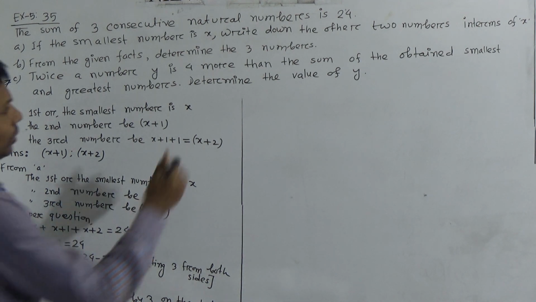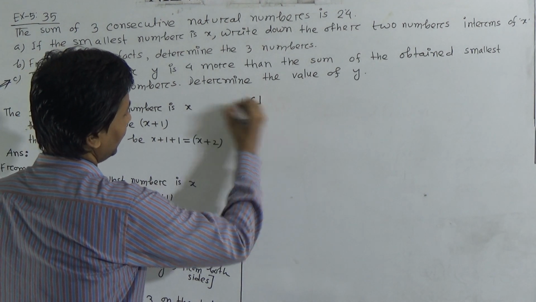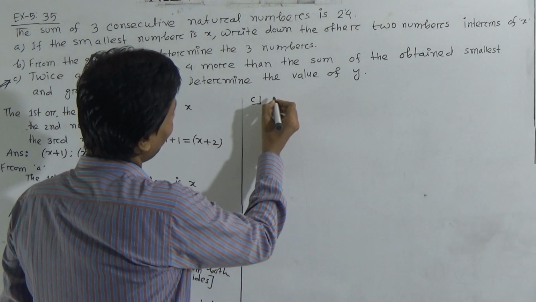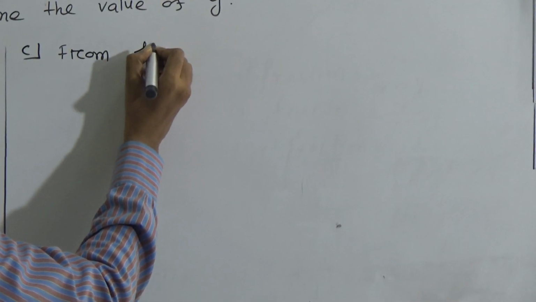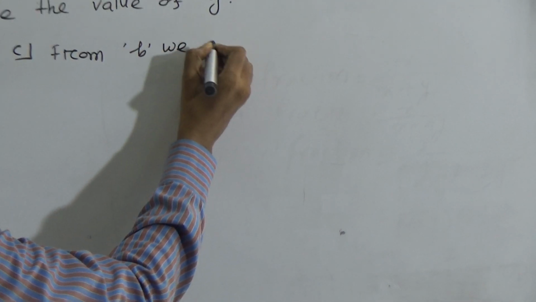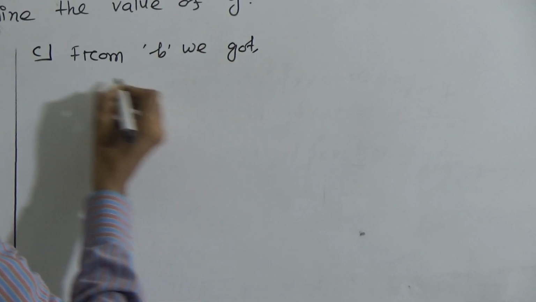Okay. Right here, C number. From B we got, what we got?